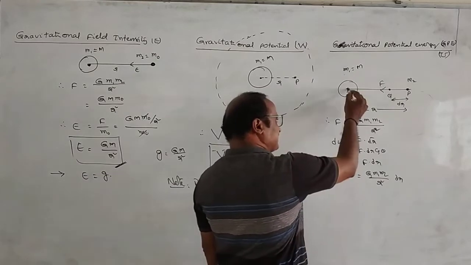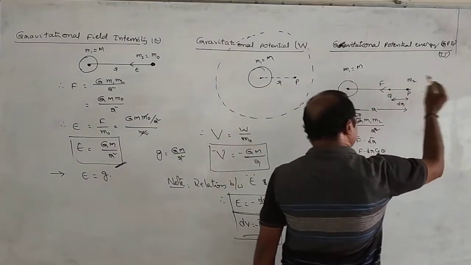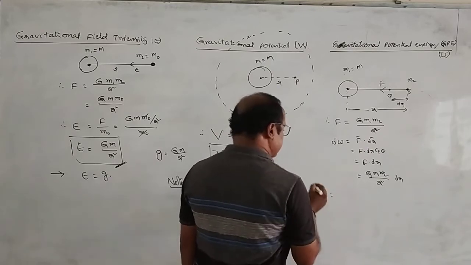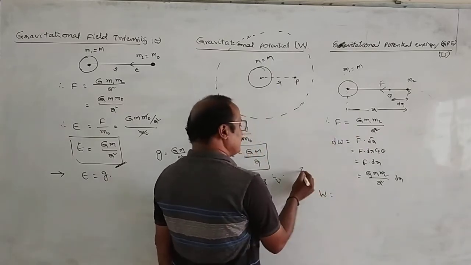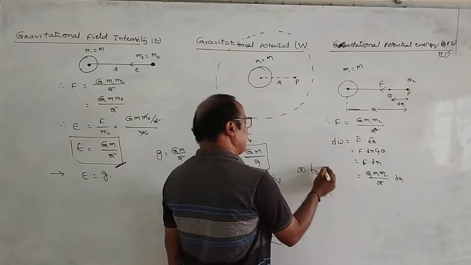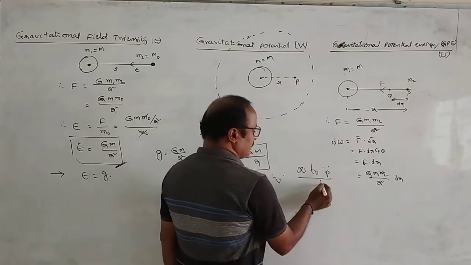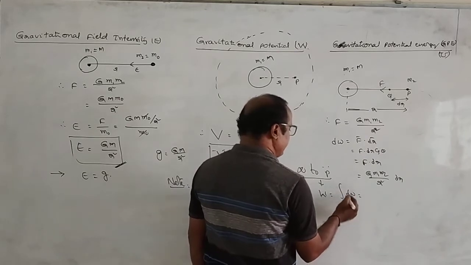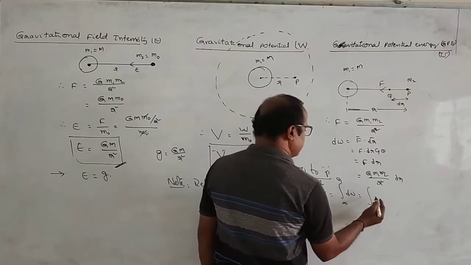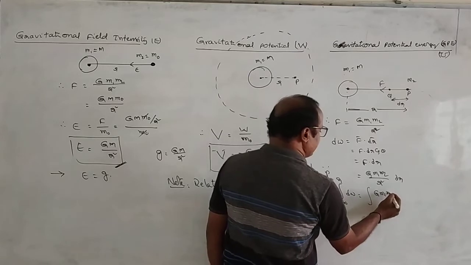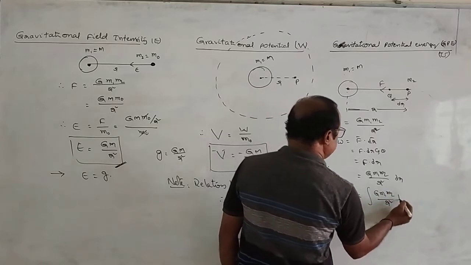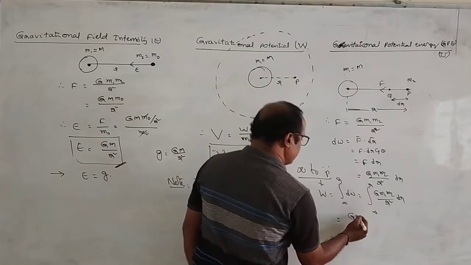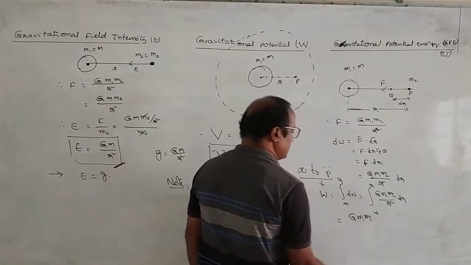The total work done in bringing the body from infinity to the point P, say W, is equal to integral dW, with limits from infinity to R. That is integral of G m1 m2 by r square into dr from infinity to R. G m1 m2 are constant values.